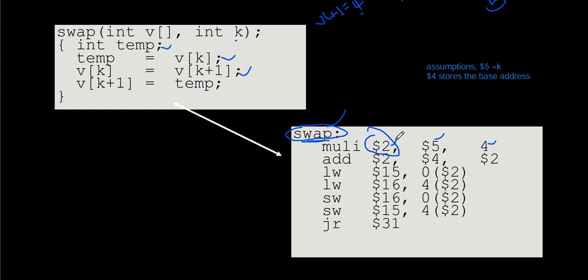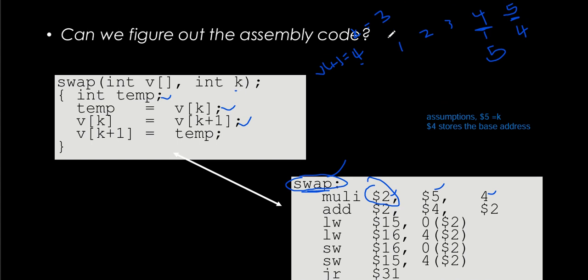So what I'm guessing is that register 5 is storing key. Yes, register 5 is storing key. So assuming that we are using this old example where key was 3, then here will be 3 times 4, right? And 12 is what will be stored in $2. Yeah, so that's for the first line.